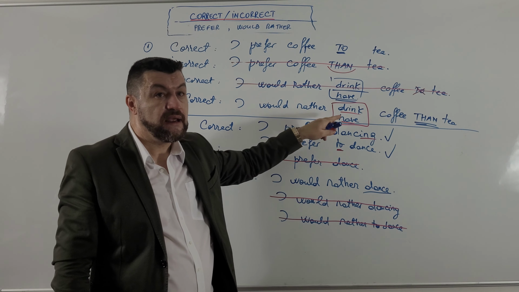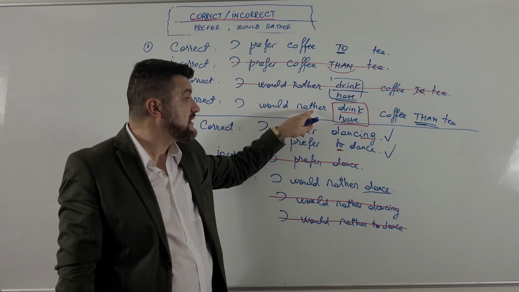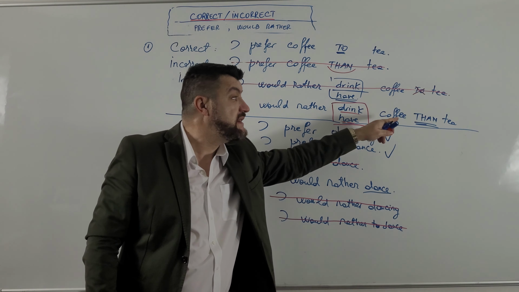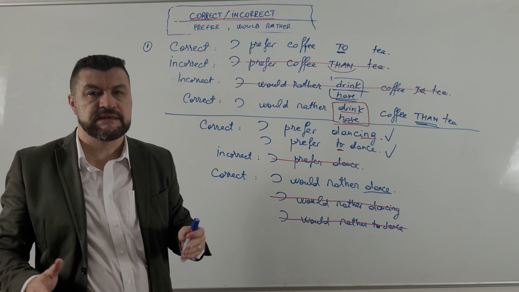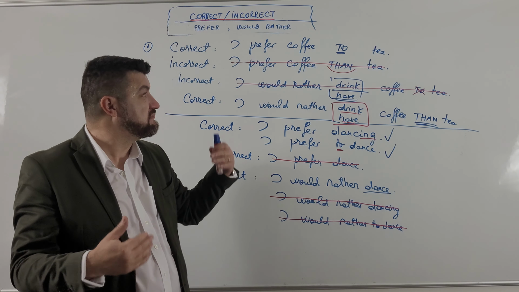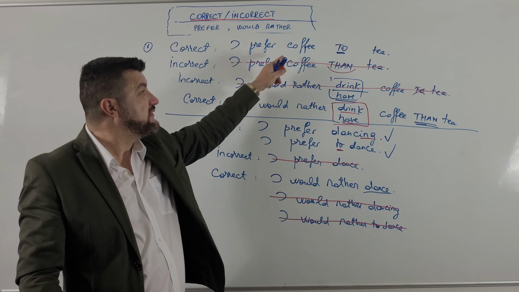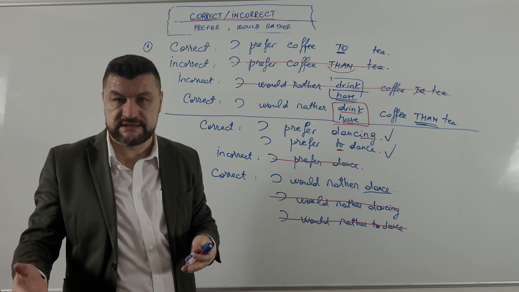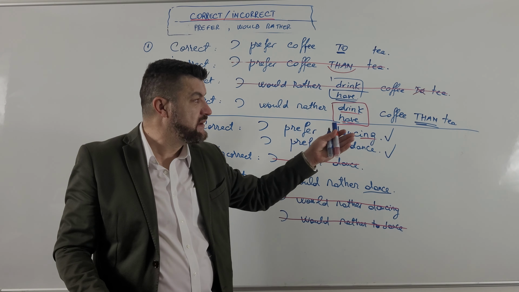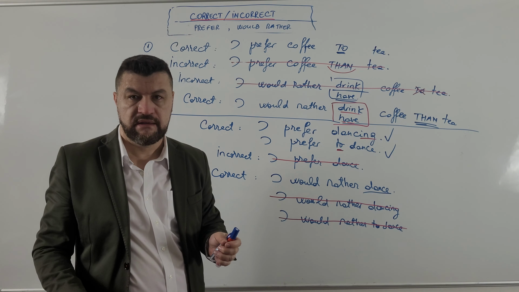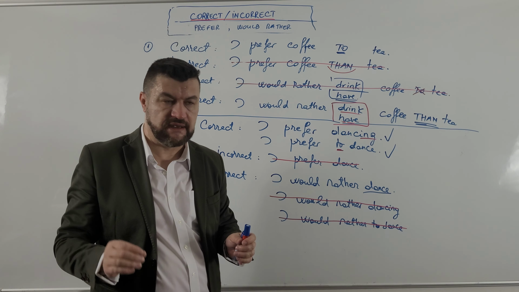I would rather have, because I need a verb, I would rather have coffee than tea. Okay? This is very important. Make this exercise. Another example. I prefer chocolate to ice cream. I would rather eat chocolate than ice cream. Do this exercise all the time.